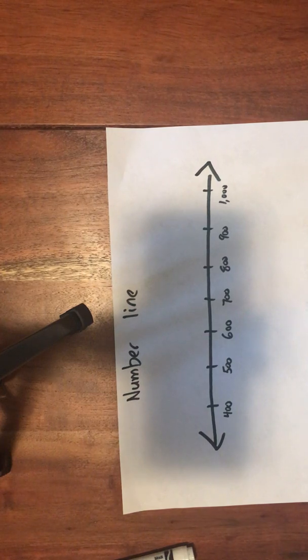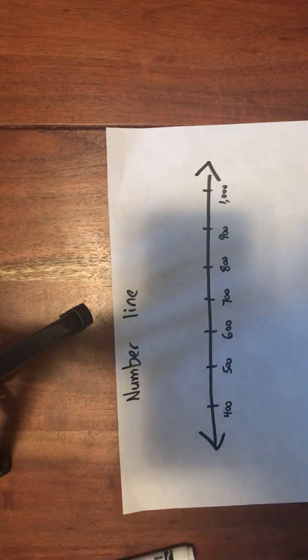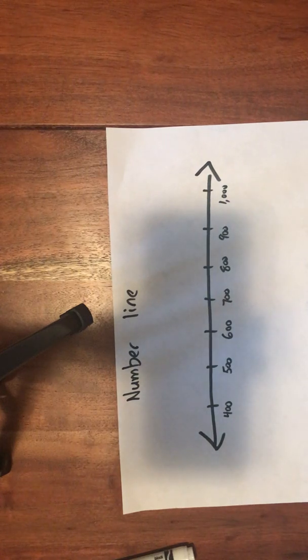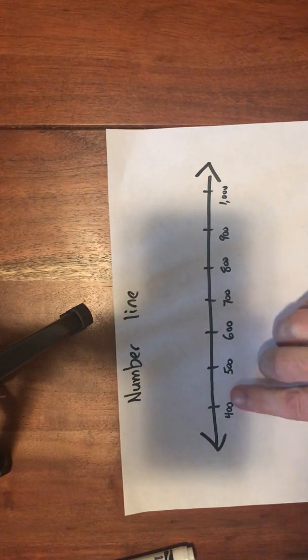Does the hundreds digit change? Good. By now you can see that yes, the hundreds digit does change, and I haven't shown you yet with my finger, but before I do, I want you to tell me how the hundreds digit changes as we count by hundreds. Very good. That's right. It goes up by 1 each time.